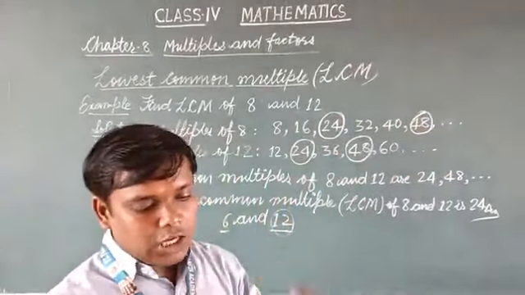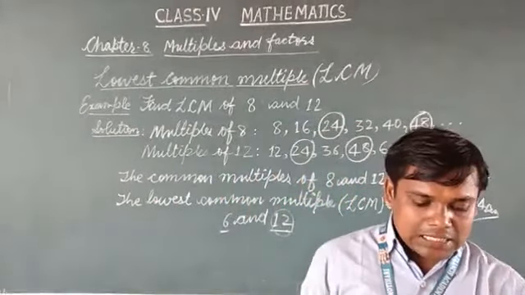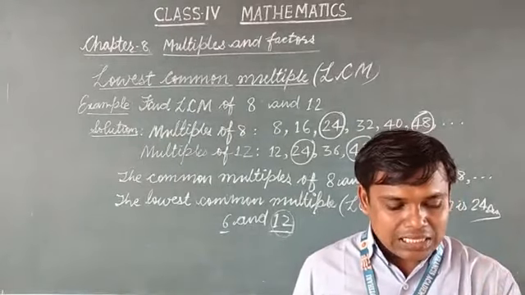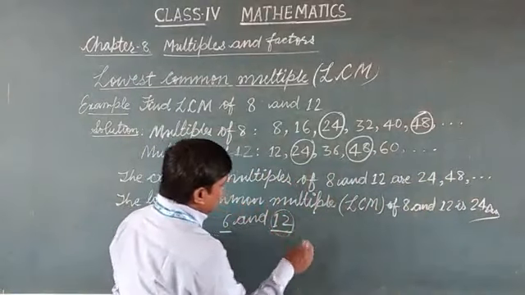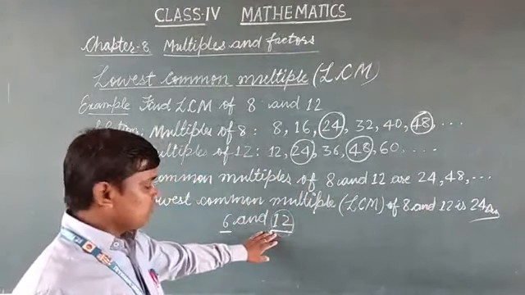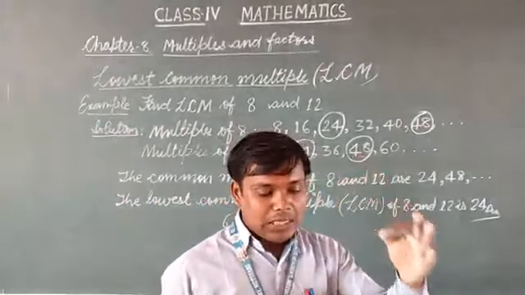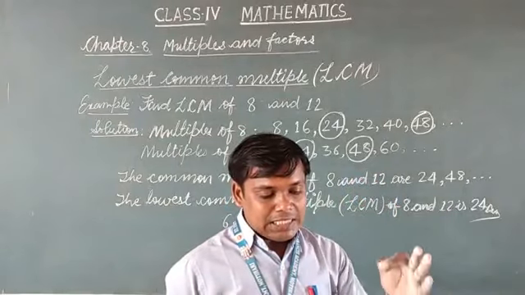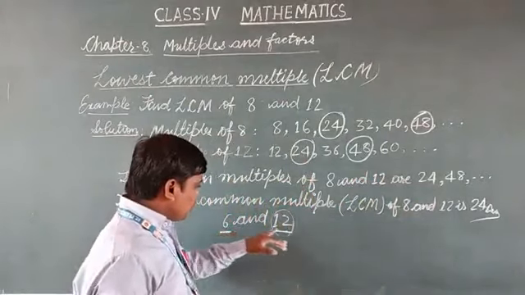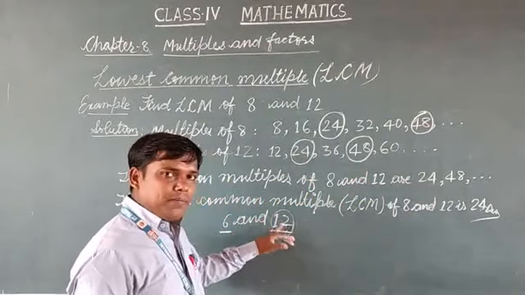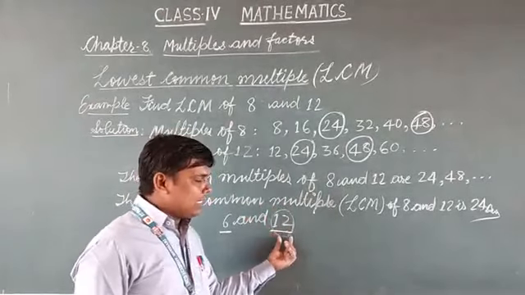And the third property is, if a number is a factor of another number, then LCM is the greater number itself. Here 6 is a factor of 12, so 12 is the LCM of 6 and 12.